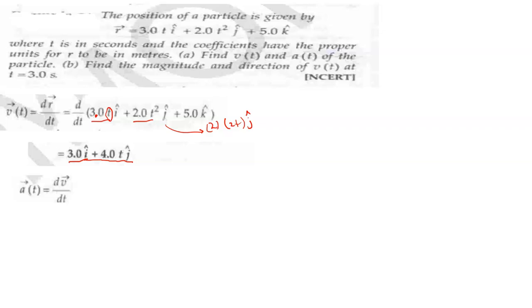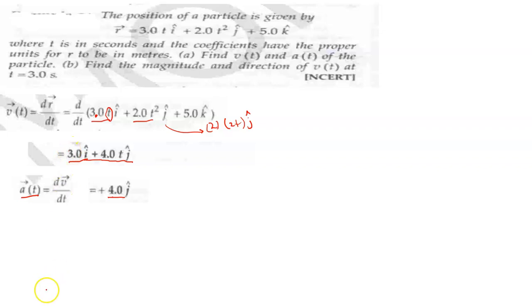Now the question is, what is acceleration? Acceleration a will be equal to dv by dt, the differentiation of the velocity. So we differentiate the velocity we got over here, and we get 4 j hat.